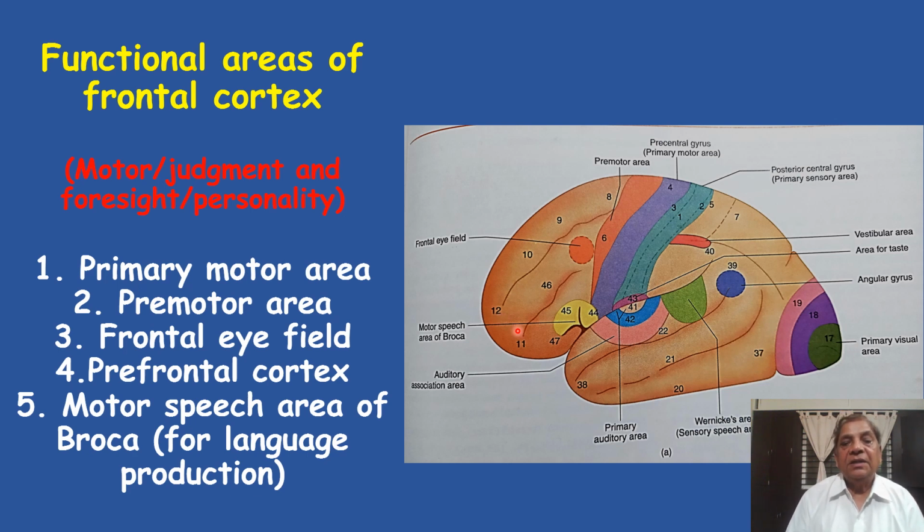Then there is a specialized area located in the inferior frontal gyrus, called the motor speech area of Broca, areas 44 and 45. This is necessary for the production of language.